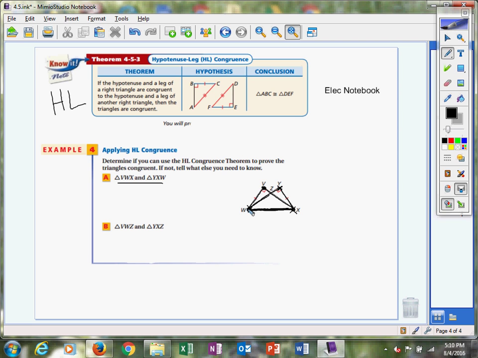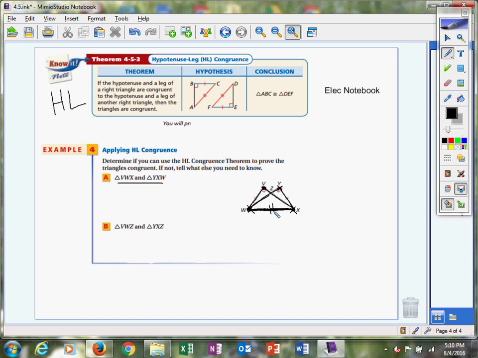Because they share a hypotenuse, then we can say that WX has to be congruent to XW because of the reflexive property. So reflexively, that side is equal to itself, okay? So do we know enough information?